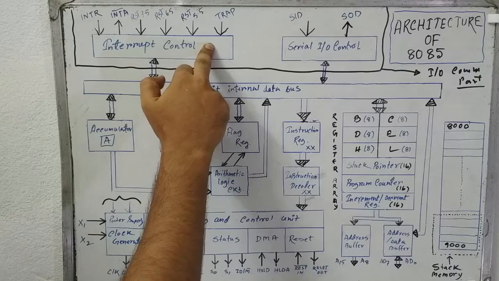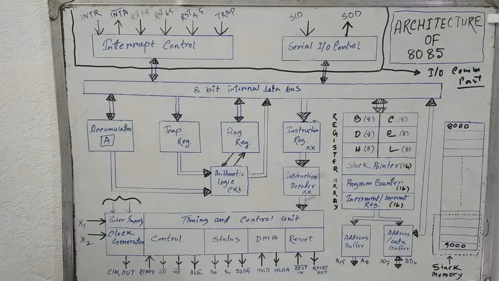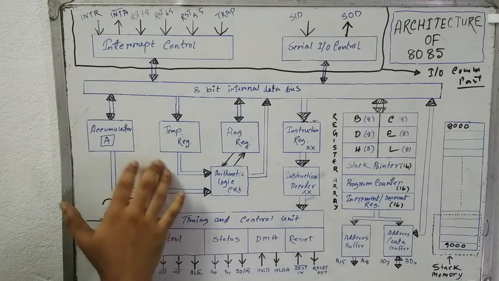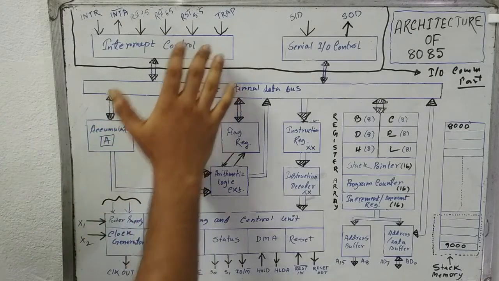Then the interrupt control block will send a message to the microprocessor, and immediately the microprocessor will accept the interrupt request and stop the execution it has been performing for a time, first complete the interrupt operation, and then return back to the main operation it was performing. In that way it sets up a communication through the interrupt control block.